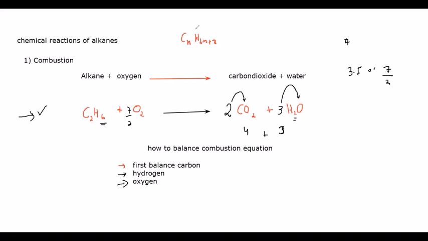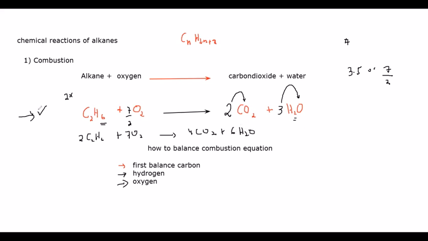But if you want to write all of them as whole numbers, because it is 7 by 2, I need all of them in whole numbers. What I can do, I can multiply all of them by 2. So this will become 2C2H6, and when this is multiplied, 2 cancels with 2, so this will be 7O2. 2 2s are 4 CO2 plus 3 2s are 6 H2O.